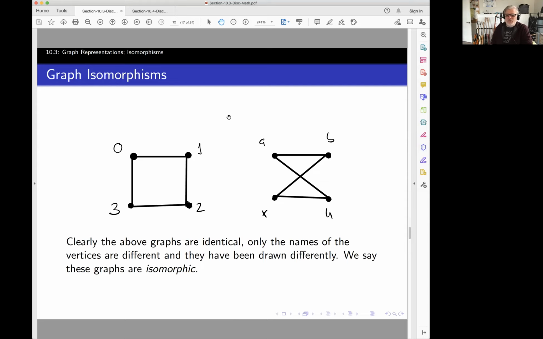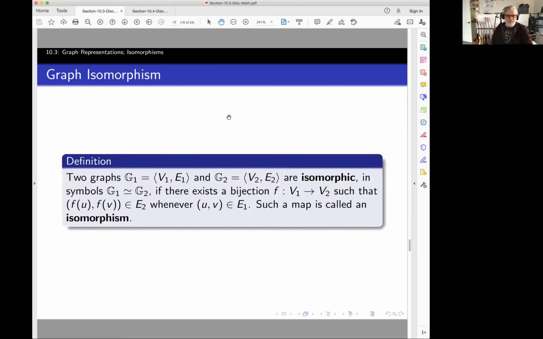We just renamed everything and drew it differently, but talking about one or the other is the same. So we say that these graphs are isomorphic.